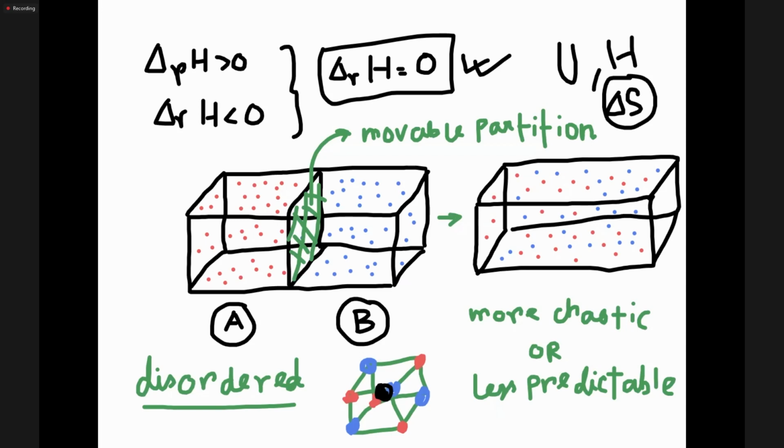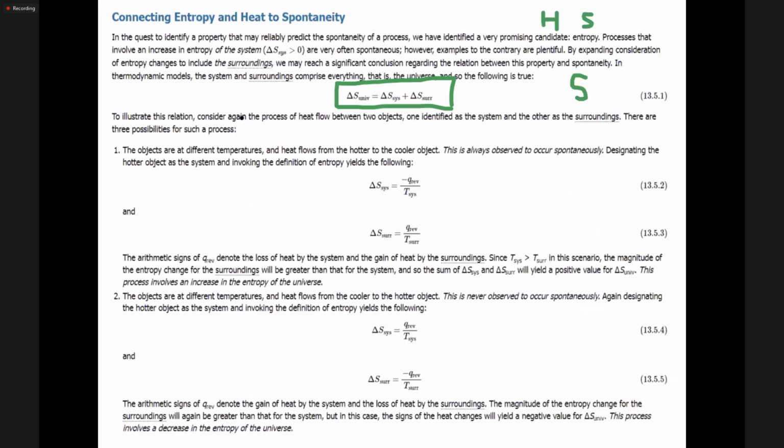So can we actually equate delta S with Q? I am saying that whenever I give some heat to the system, the randomness of the particles will increase. So does that mean that delta S and Q are equal?